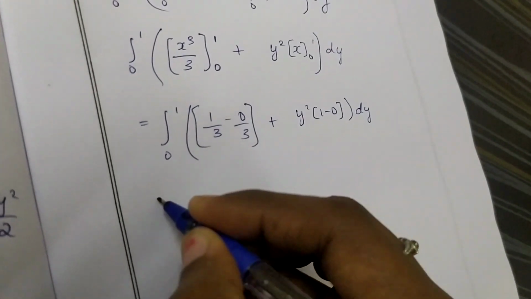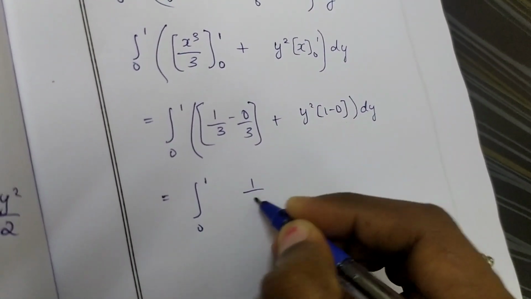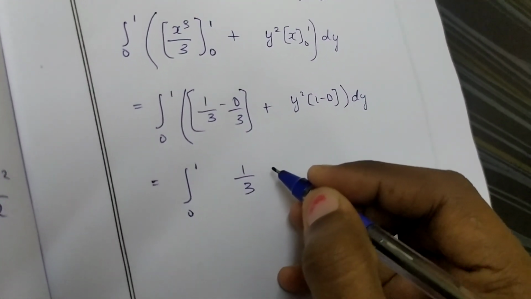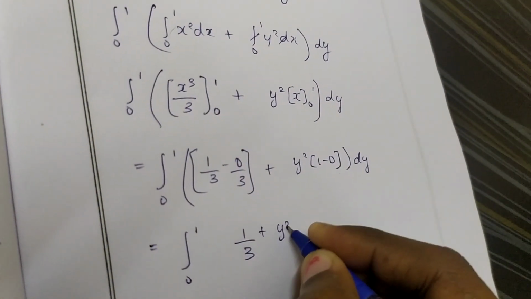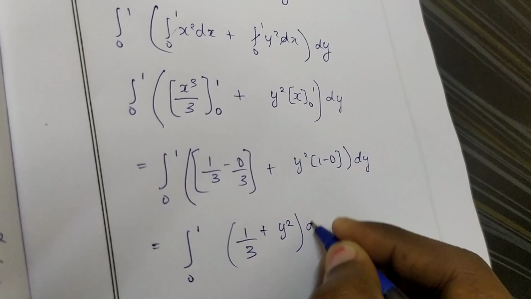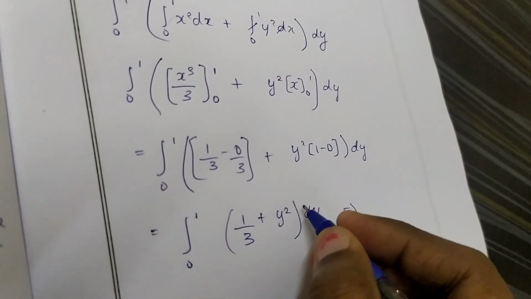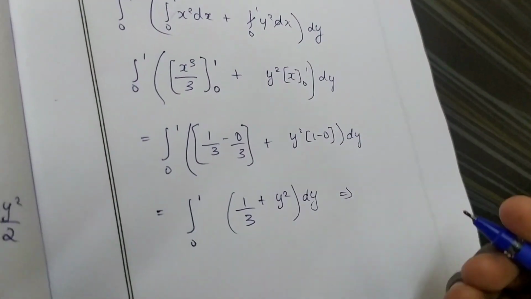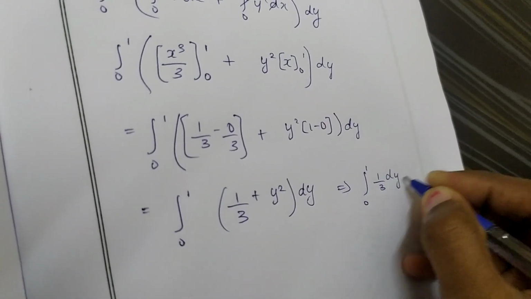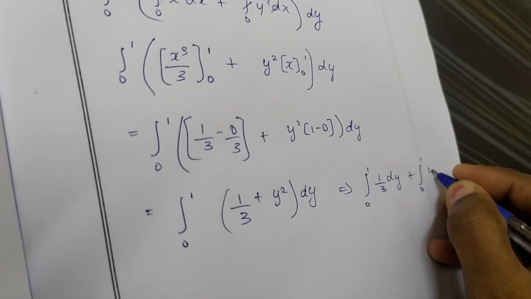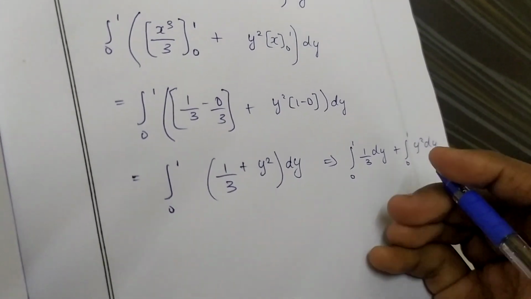Then integral over 0 to 1, 1 by 3 plus y square into dy will come. The next step is you have to bring this now. So integral over 0 to 1, 1 by 3 into dy plus integral over 0 to 1 y square into dy will come.